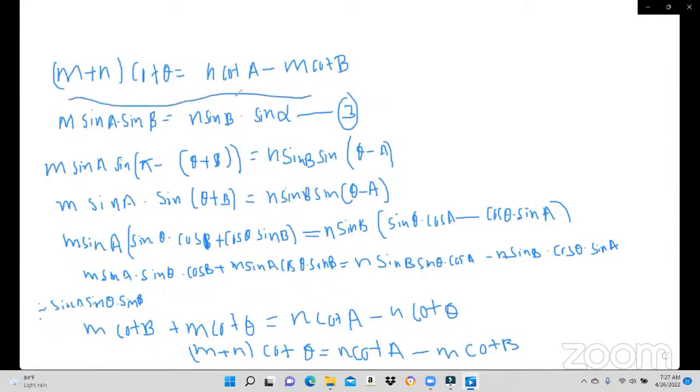See, m plus n cot theta equals n cot A minus m cot B. That is the second form of the cot rule.